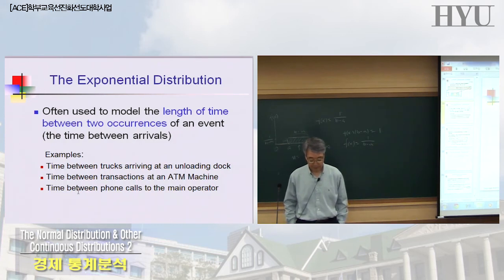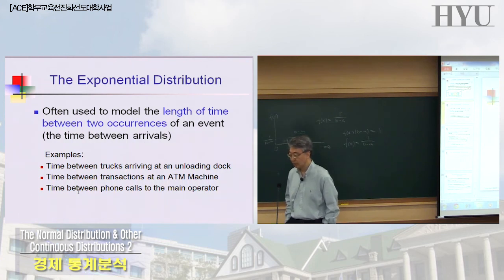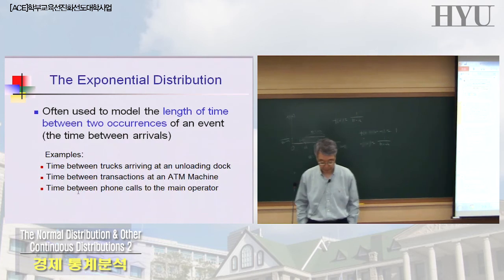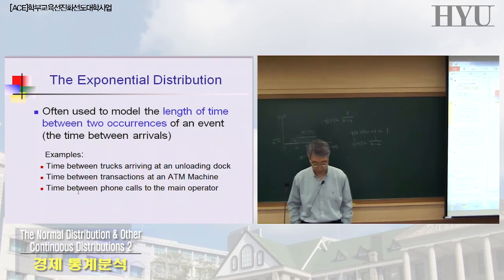But figuring out how many people to man this truck bay can be an application of this exponential distribution. The time between transactions at an ATM machine, okay? ATM is an automatic teller machine, that's an automated bank machine.